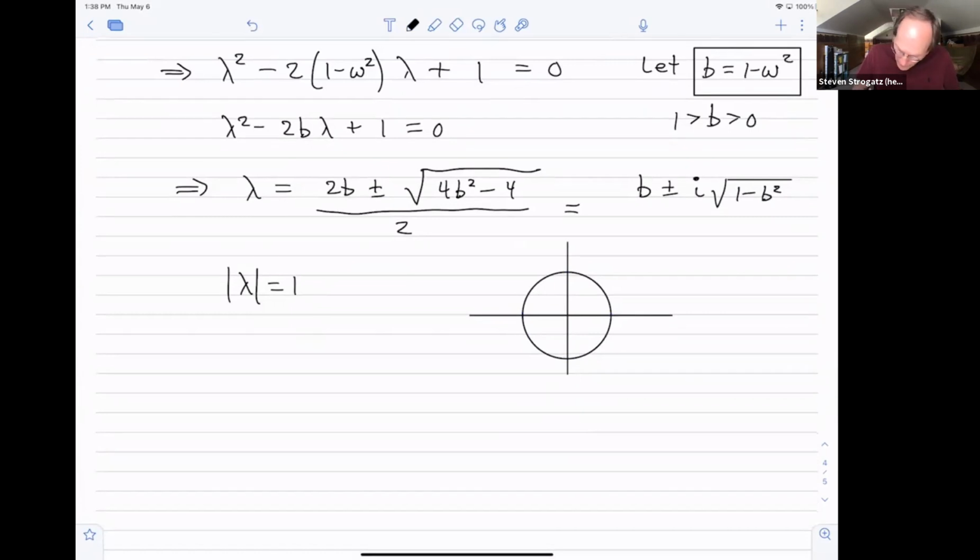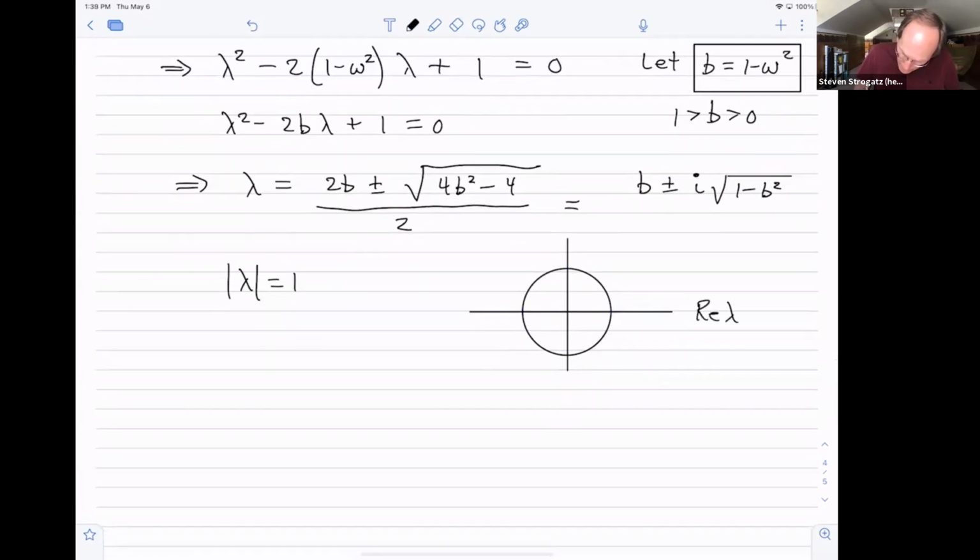So this is the real lambda axis, and here's the imaginary lambda axis. This is a unit circle, that's a 1. This distance is b, and this vertical distance is the square root of 1 minus b squared. I'm just trying to make the point that lambda lives on the unit circle.